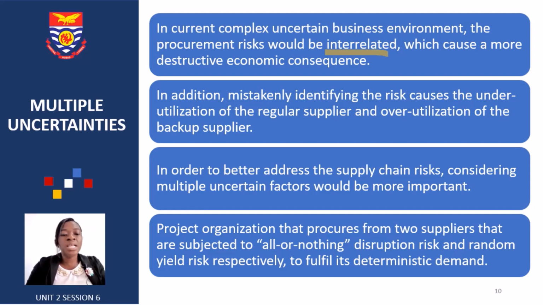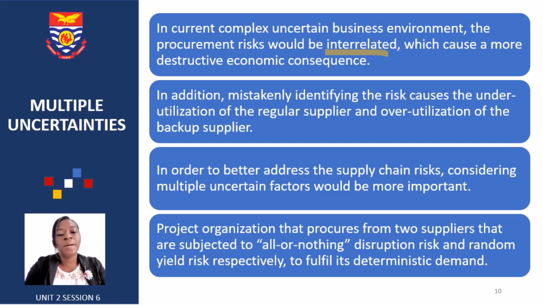If you're not able to really identify some of these risks, you'd end up in a situation where you just have to fall on more backup suppliers, which is more cost to you. And we made mention not so long ago that these various suppliers come with cost because they are going to produce for you at different prices. They may be in different locations and all those things, which is going to affect your cost.